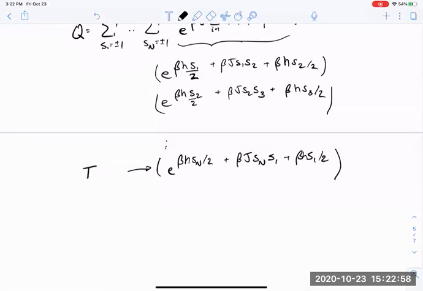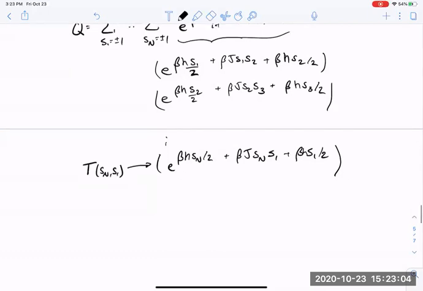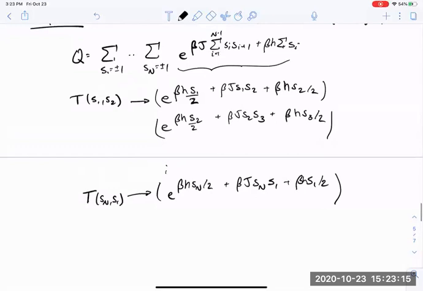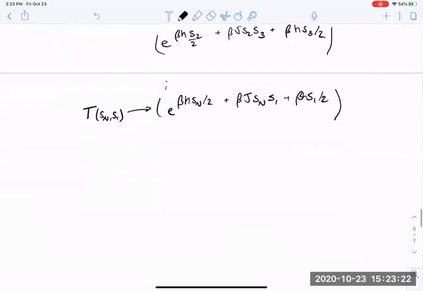So let's define a function t that depends on those variables, S1 and Sn for that row. Here would be t of S1 and S2 for that row. That means that that whole Boltzmann factor can be written as a product of these t functions.